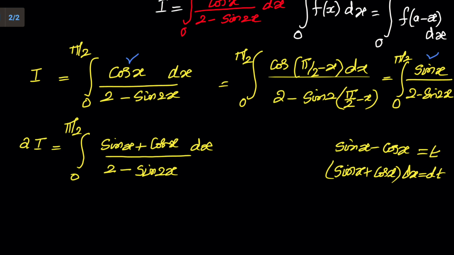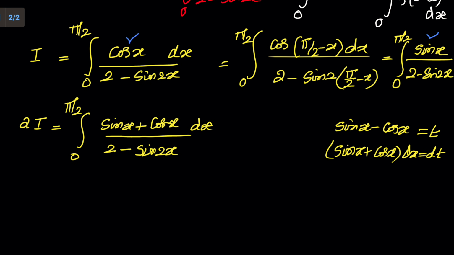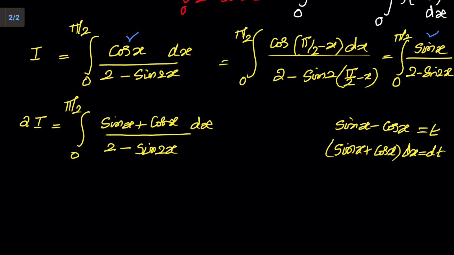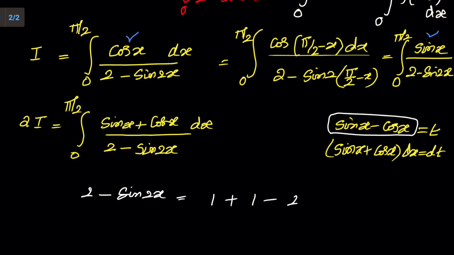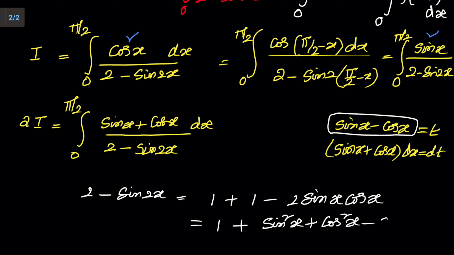Now, our focus should be how to write 2 minus sin 2x in terms of t. That is 1 plus 1 minus 2 sin x cos x, which is equal to 1 plus sin square x plus cos square x minus 2 sin x cos x.